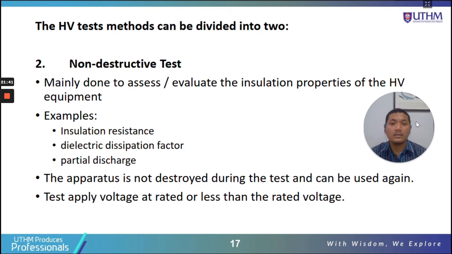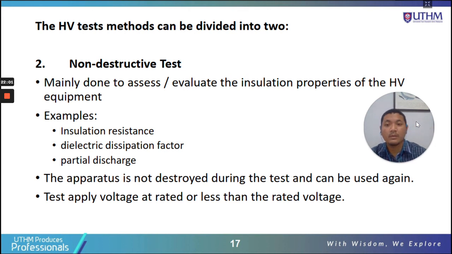Okay, for example, insulation resistance test, IR test. Another example, dielectric dissipation factor test or tan delta test, partial discharge test. So this test usually will not go beyond the rated voltage.